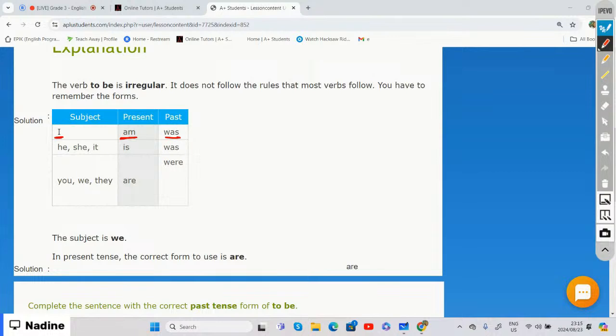And then if we refer to a singular person or singular thing, like for example he, she, or it, then we say he or she is doing something now. Or in the past, he, she, or it was doing something, because it refers to one person or thing doing something.